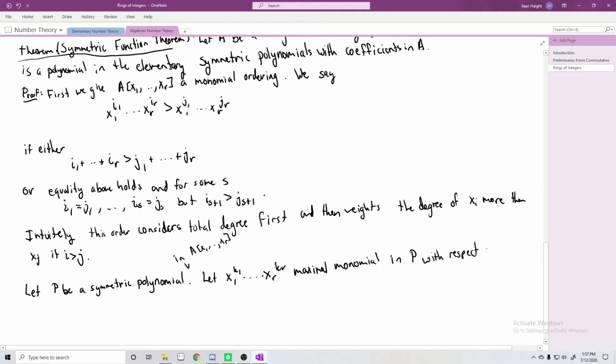There are some remarks I should make, which are that if two monomials are not equal, then one is necessarily greater than the other. So essentially, if two are not equal, then either their degrees are different, or if their degrees are the same, I can find some power that doesn't match, and then that will determine which one is larger. So I'm going to let this be a maximal monomial in P with respect to the above order.